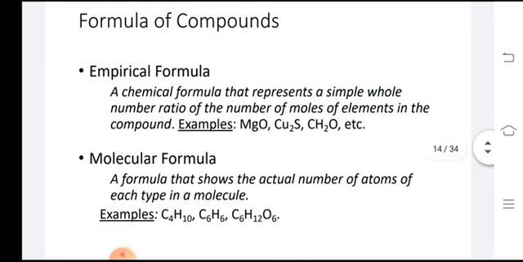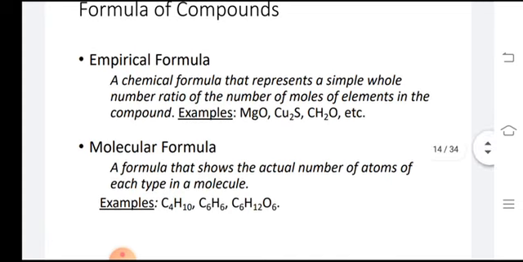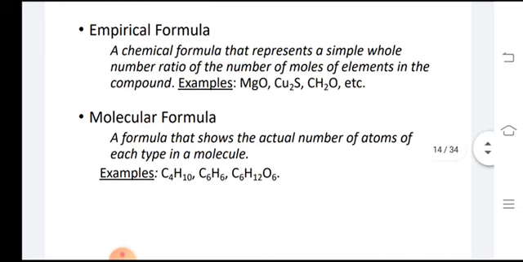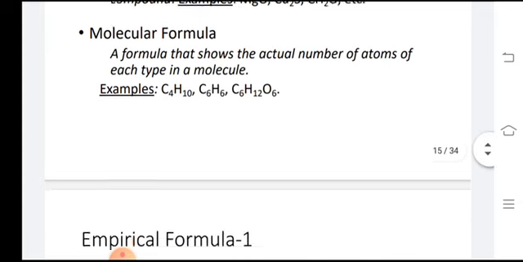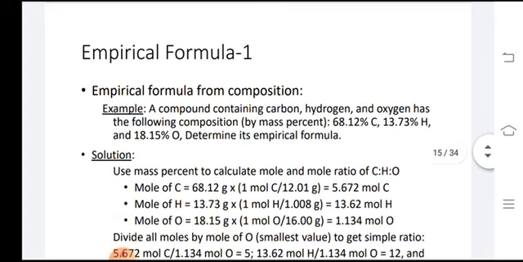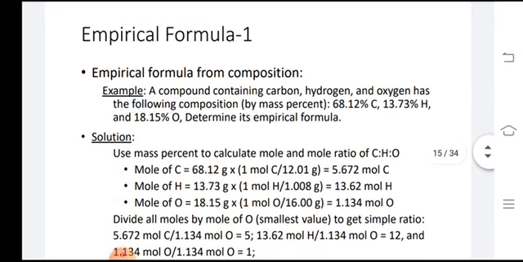Then we have the empirical formula, a chemical formula that represents a simple whole number ratio of the number of moles of elements in a compound. Then the molecular formula shows the actual number of atoms being used. Here we have empirical formula 1.